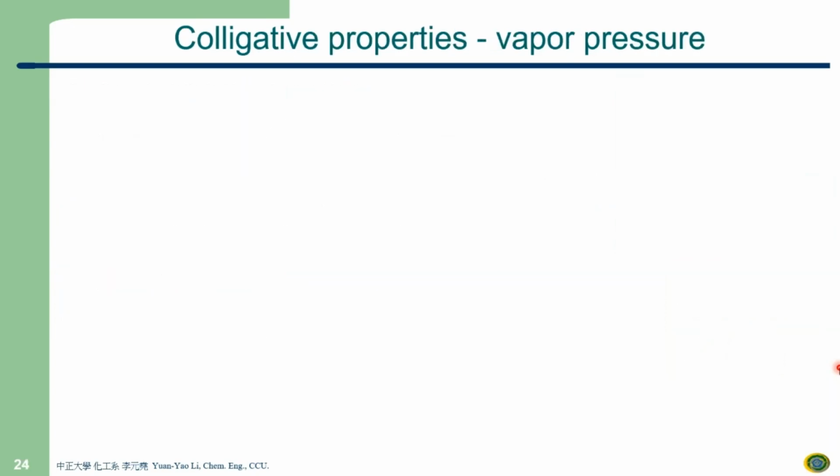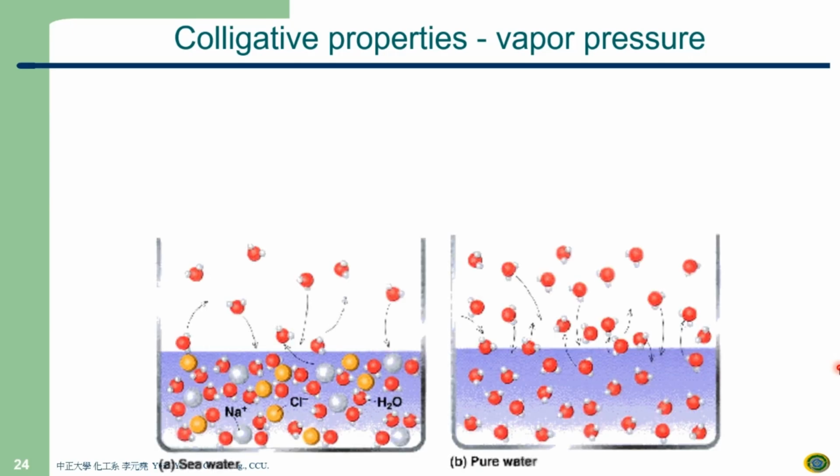Let's think of the first colligative property, the vapor pressure. This cartoon shows you a water molecule, right? I hope you remember the water molecule here. If you have a sodium cation, the sodium cation will attach to the oxygen because of Coulombic attraction. Oxygen is negative, right?